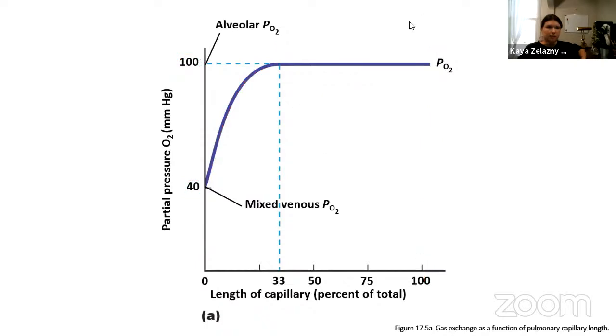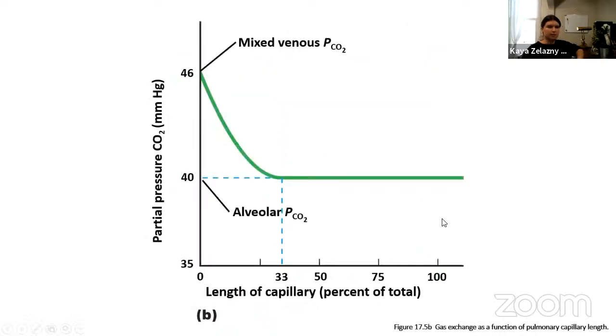Conversely, the same thing is happening with our carbon dioxide. Our carbon dioxide is at a partial pressure of 46 in our mixed venous blood. So in the venous blood that's coming back to the heart, we have a partial pressure of 46.